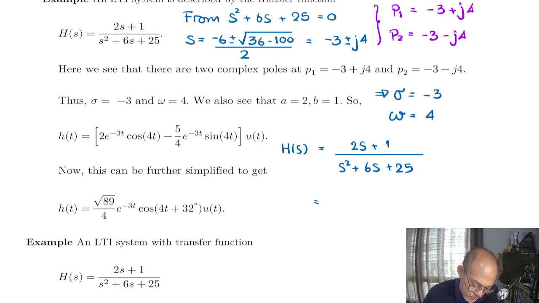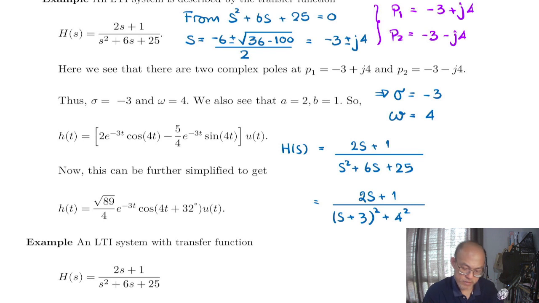So I have 2s plus 1 divided by (s plus 3) squared and then plus 4 squared. Okay, here this is sigma.